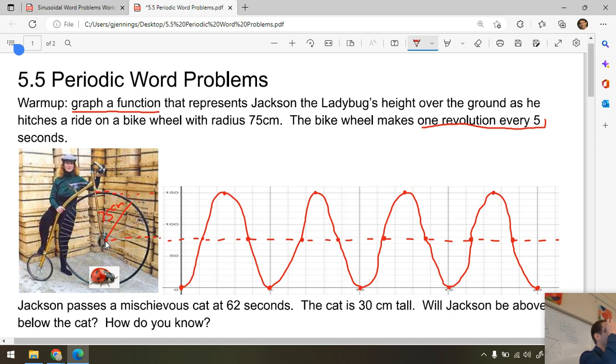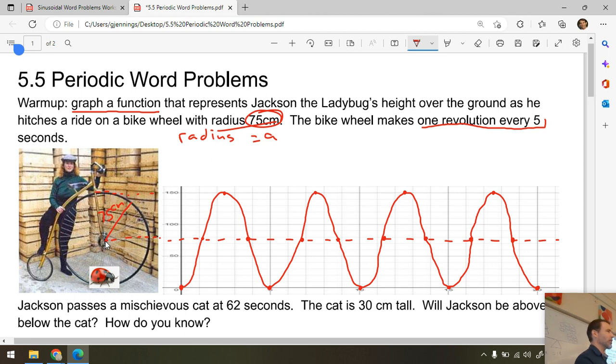How would it show up? Yeah, this is going to be our amplitude, right? So the radius here, we can notice that that's equal to A. That's equal to the amplitude, the 75 centimeters. Cool. All right.